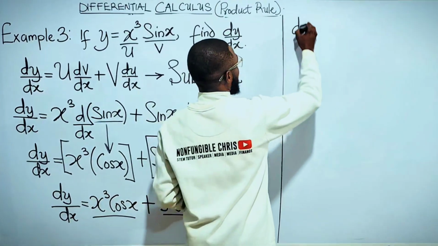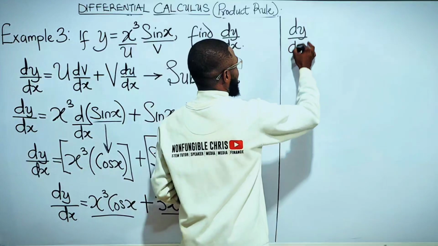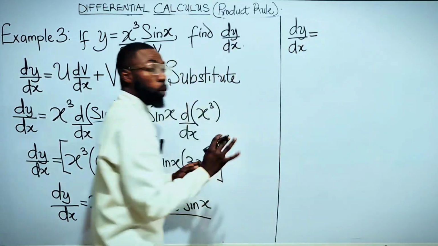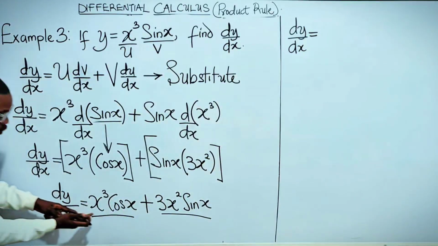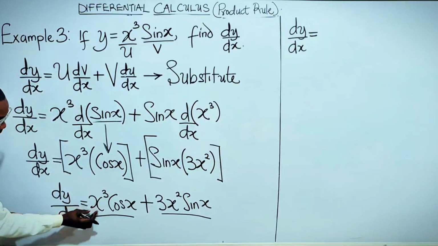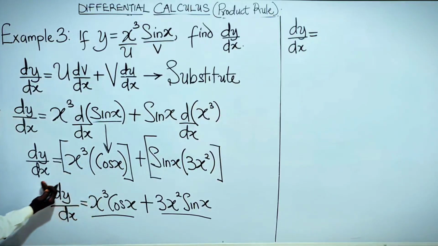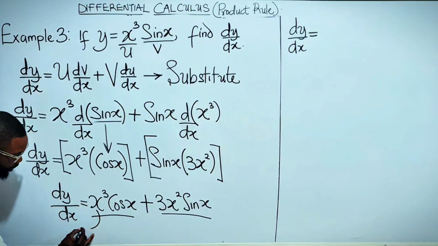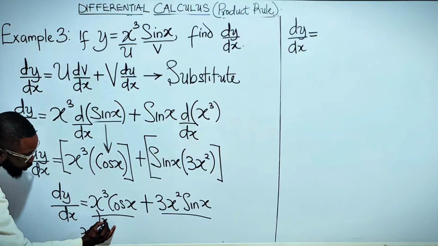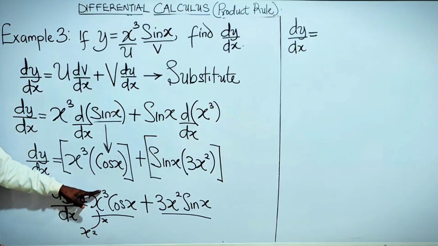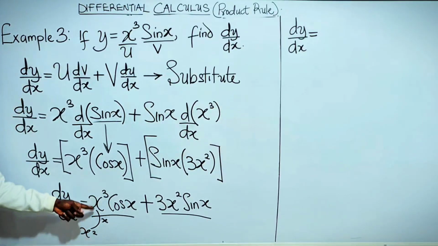What I mean by that is dy over dx is simply going to be, look at this now, I'm going to factorize x squared from here. This is x cubed. If I take x squared out, I'll be left with just x, because it's x cubed.